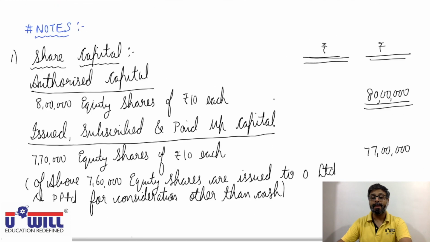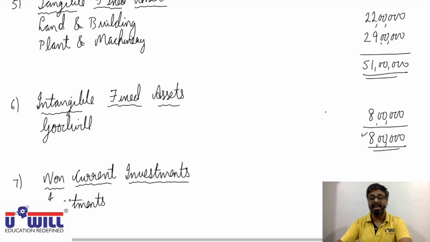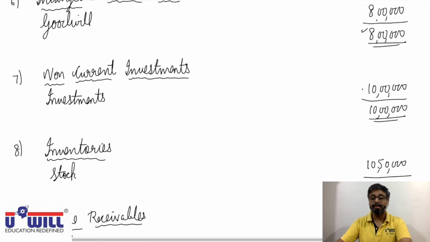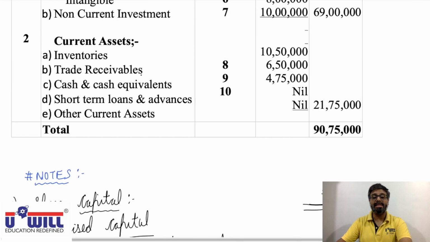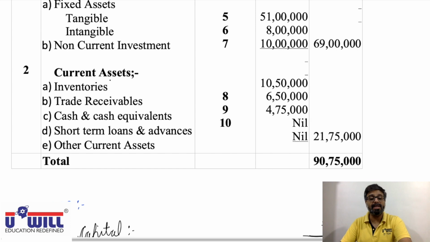Okay, then non-current investments as per note 7 we have 10 lakhs. Now after non-current investments, if you want, you can write the items of long-term loans and advances and other non-current assets also, but they'll be nil. Total 69 lakhs.